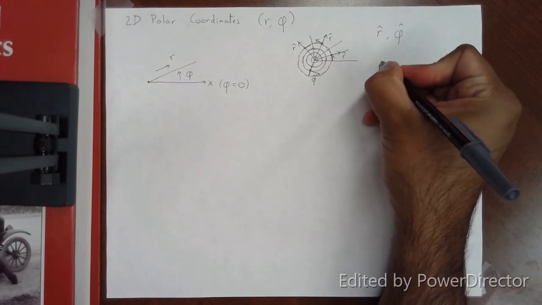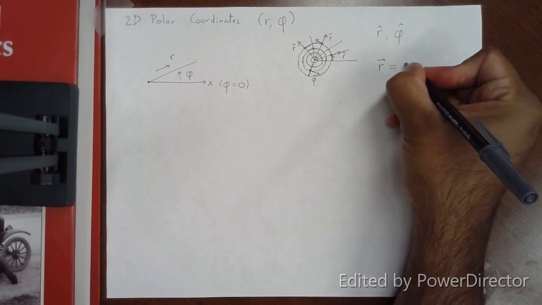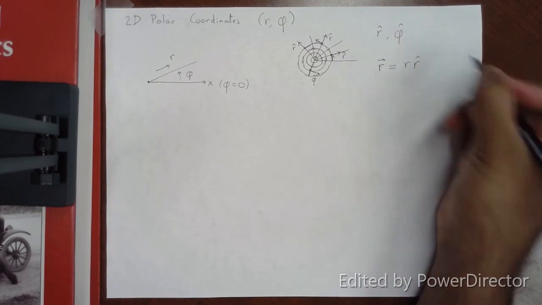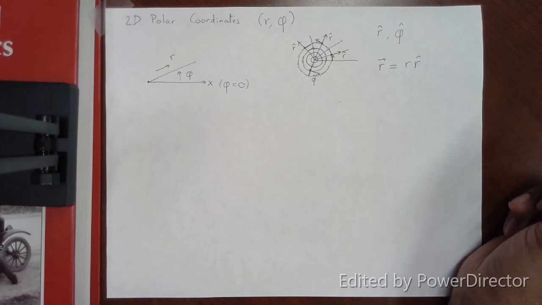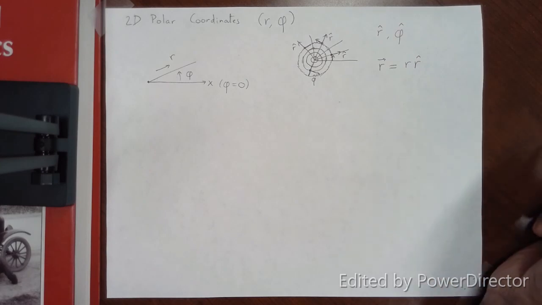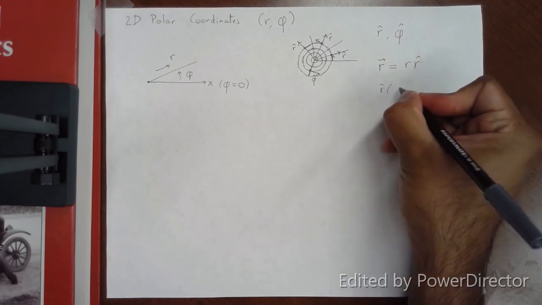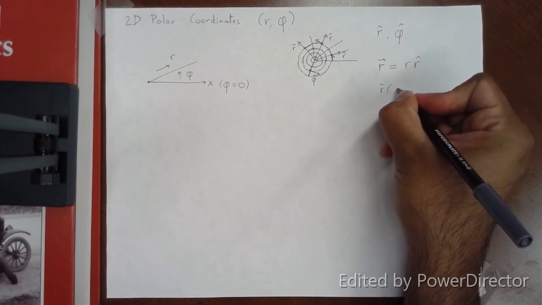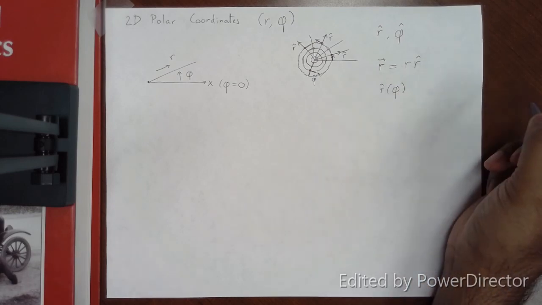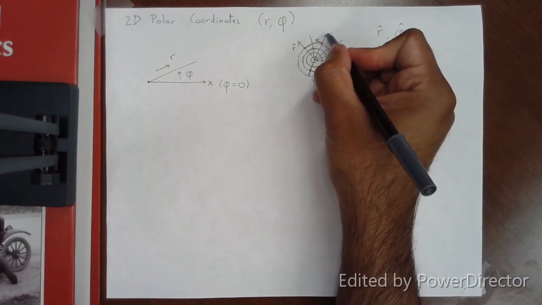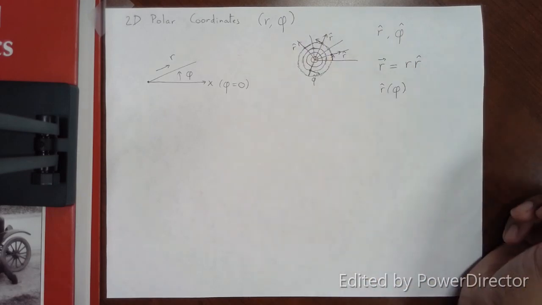In these coordinates, our position vector is simply the magnitude r times the unit vector r hat. Where is the information about phi? Well, r hat is actually a function of phi, which makes sense because the direction of r hat changes as phi changes.